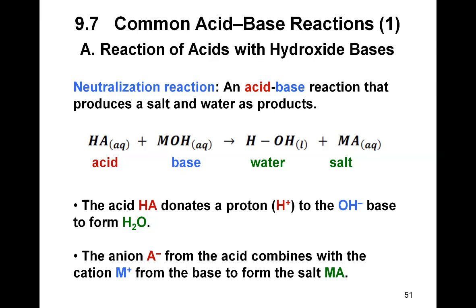If we write a general form of that, HA will represent the acid, because we need a formula where H is first in the formula to say that it's an acid. The base, we will use those strong bases that are made of the hydroxide ion. Remember that the hydroxide ion makes strong bases.